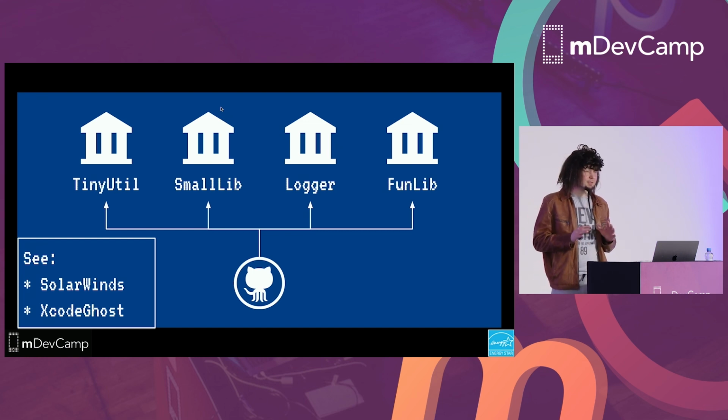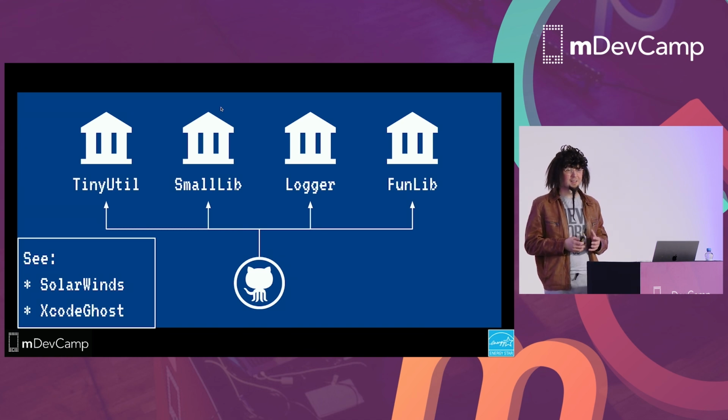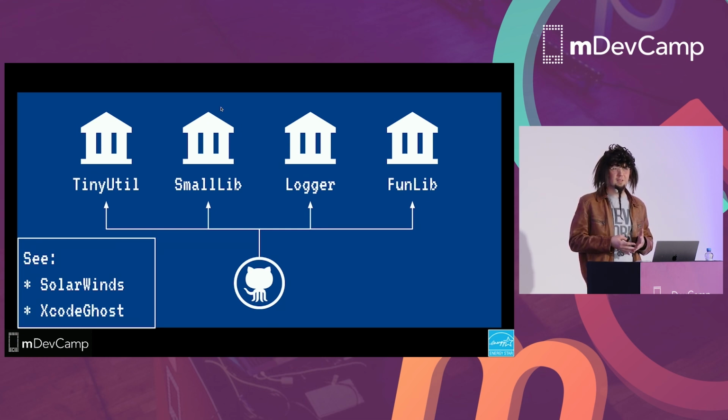First one is SolarWinds. SolarWinds is a company that provides network monitoring for the US federal government. And yeah, they got hacked through third-party dependencies. So the whole US federal government was infiltrated by this kind of attack.